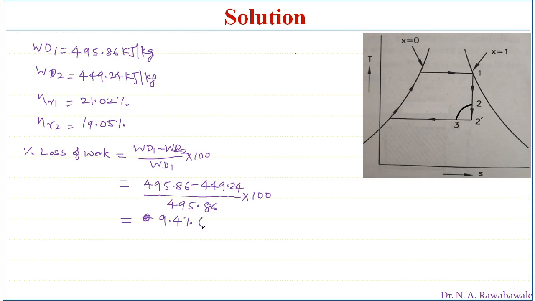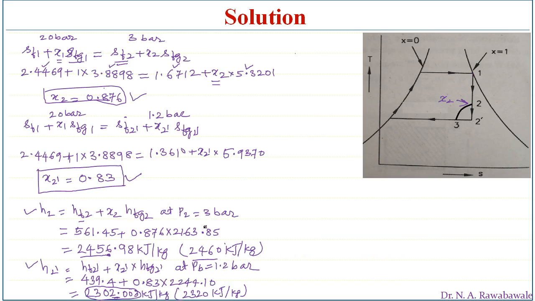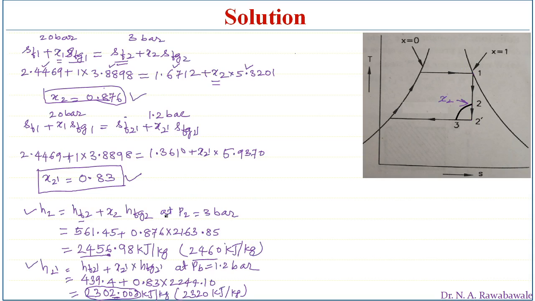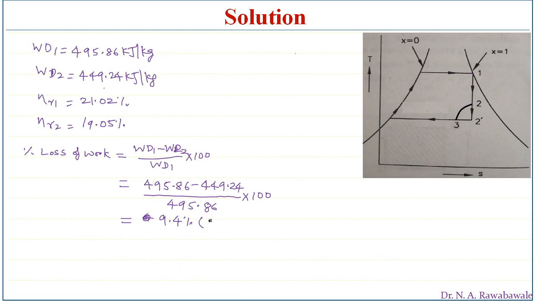In the graphical method, the percentage work loss was calculated as 6.47.